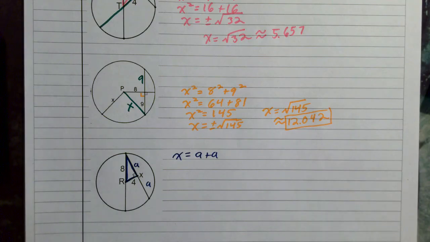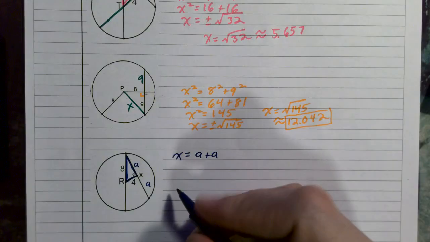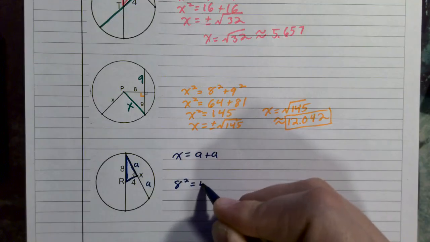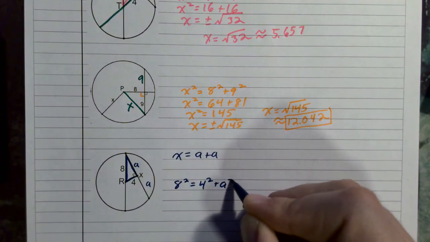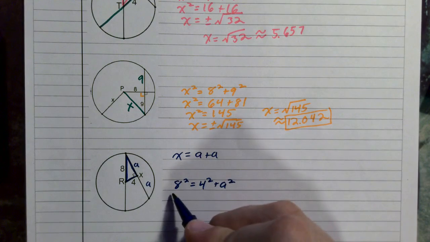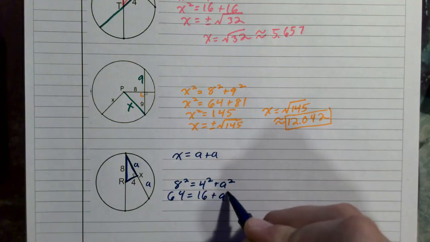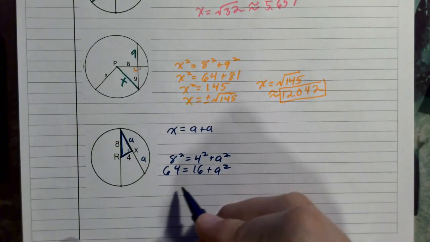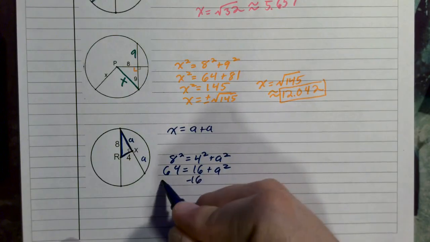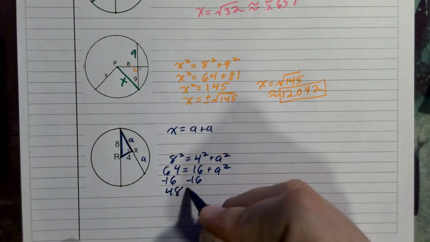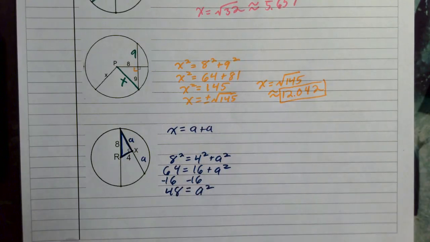So that right triangle is going to require a little bit of solving. We could say that 8 squared equals 4 squared plus a squared. So that is 64 equals 16 plus a squared. Minus 16 from both sides: 48 equals a squared.